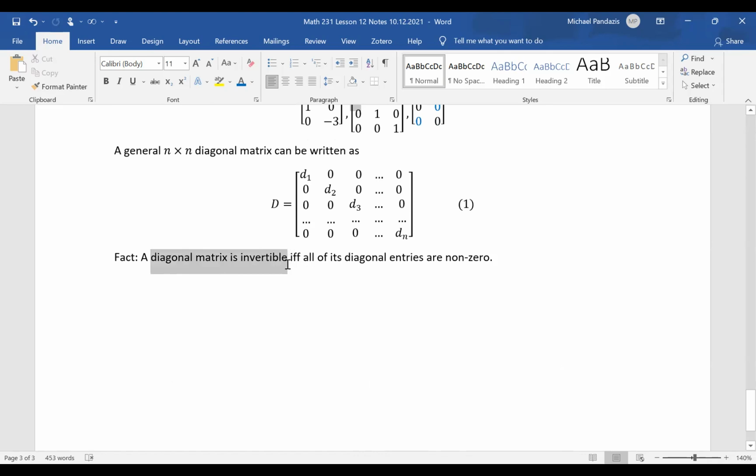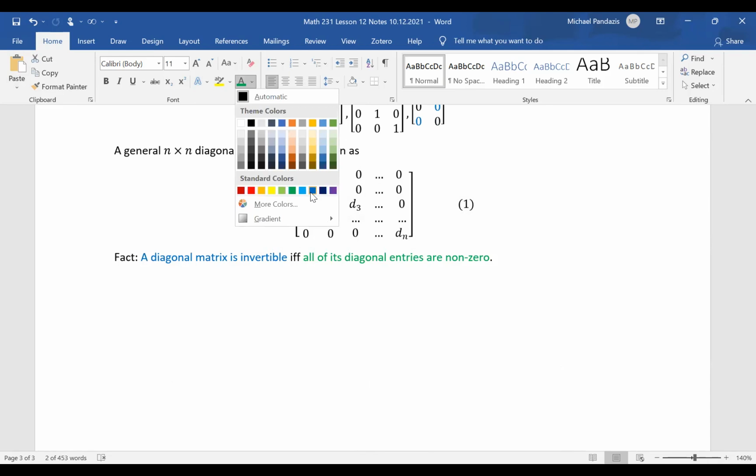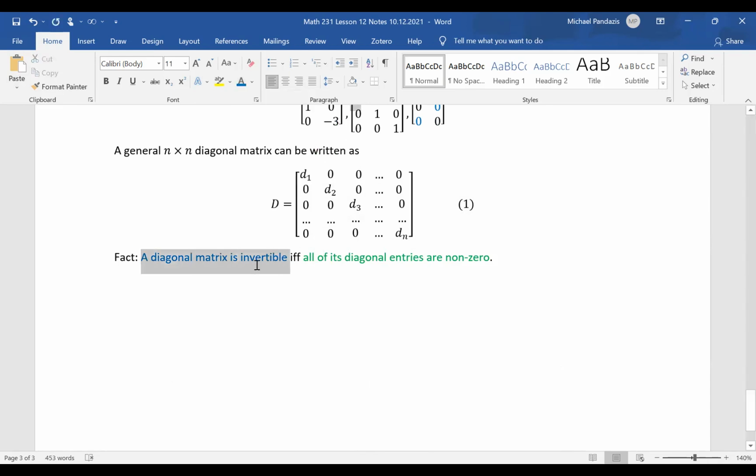So one statement is this one, and the other statement is all of its diagonal entries are non-zero, right? So a diagonal matrix is invertible if and only if all of its diagonal entries are non-zero.